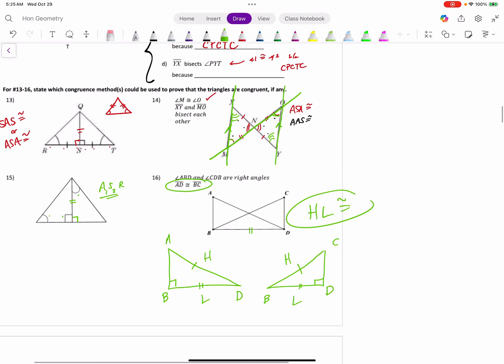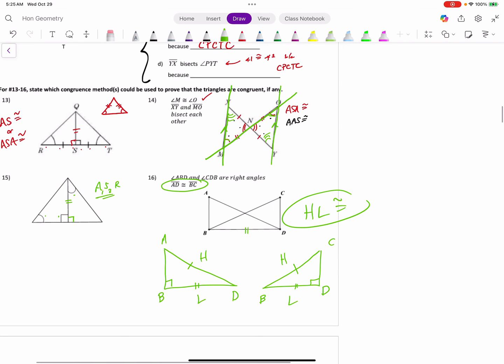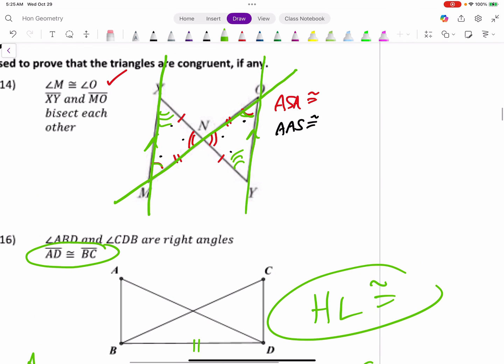Wait a second. Hang on. This one again. No, those have to be congruent. Nothing's out of order, is it? 1, 2, 3. 1, 2, 3. Got side 1 between 2 and 3. This is the right place.